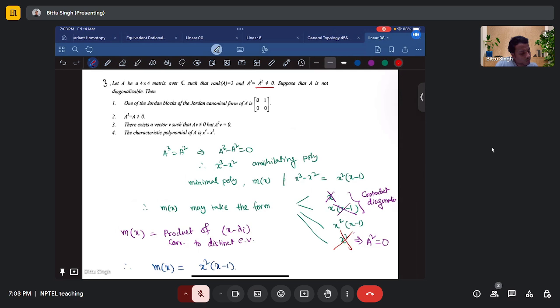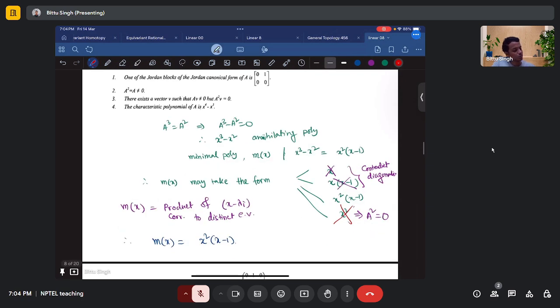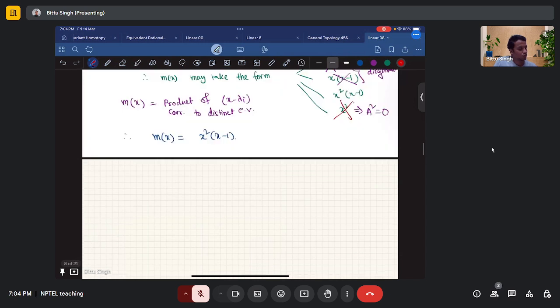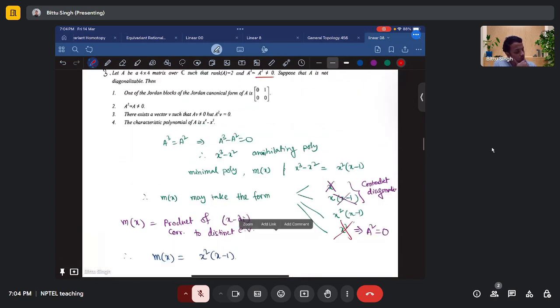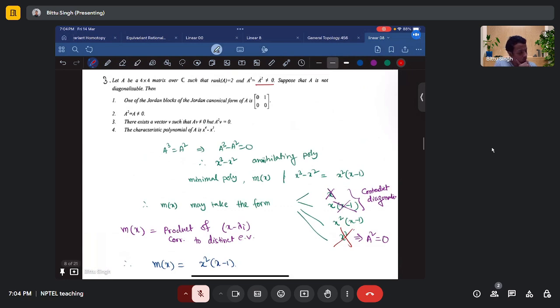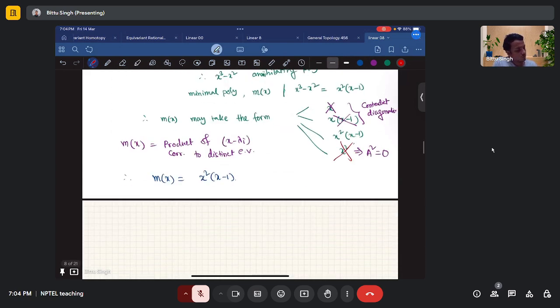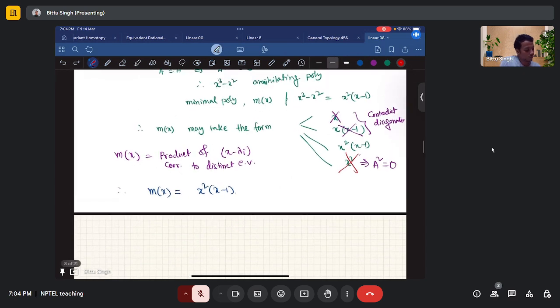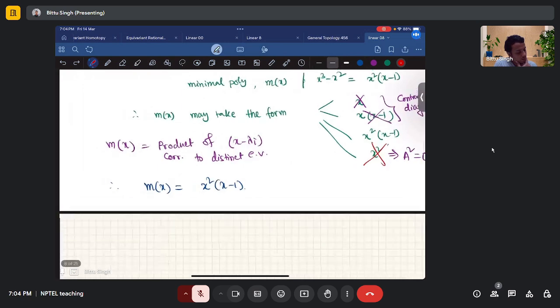Now, one of the Jordan blocks of the Jordan canonical form of A, from here, it takes this form. Okay. So minimal polynomial, we already obtained. Can we get the characteristic polynomial chi x?